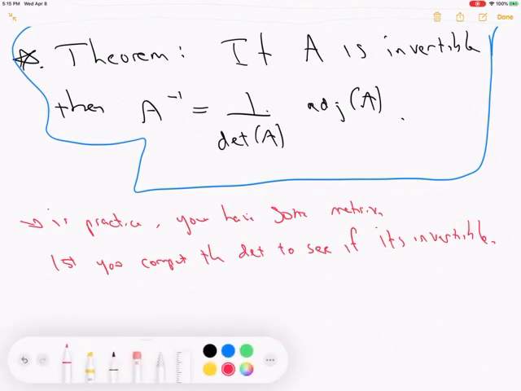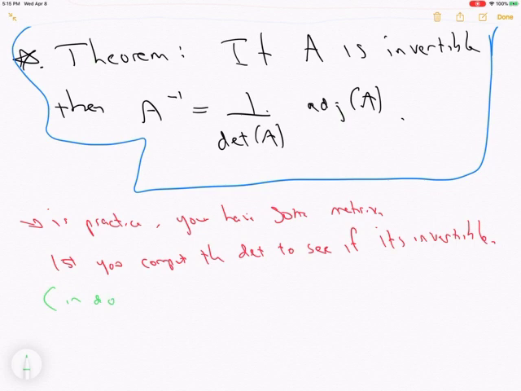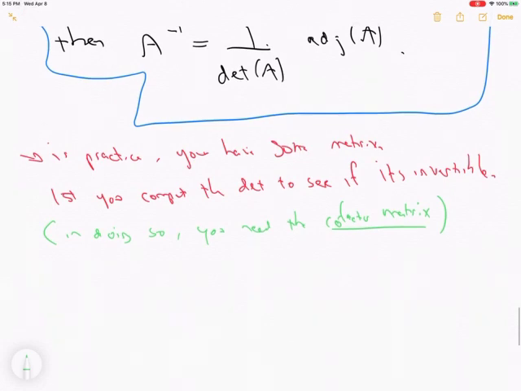But of course, in calculating the determinant, you need the cofactor matrix. So in order for you to even see whether or not the matrix is invertible, you have to calculate its determinant. And to calculate its determinant, you have to find the cofactor matrix. So that means you already know the cofactor matrix.